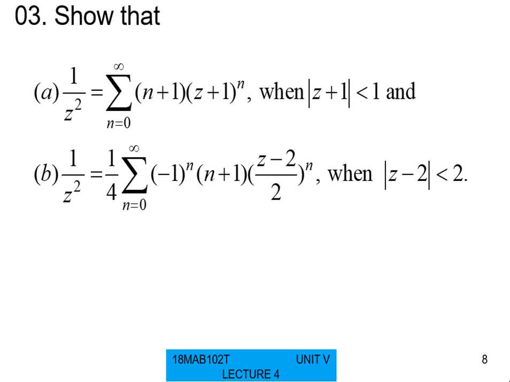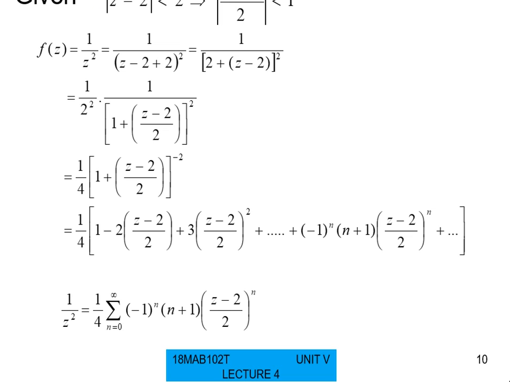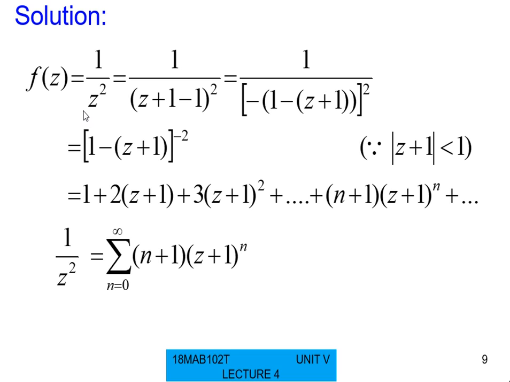First of all, solution A, 1 by z square. So for the 1 by z square function, we add and subtract the constant term 1. Because the first solution is, the circle is mod z plus 1 less than 1.